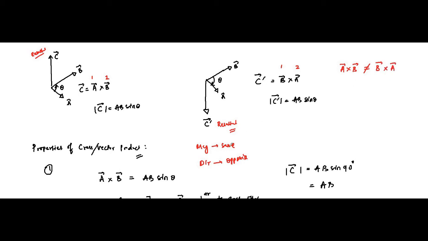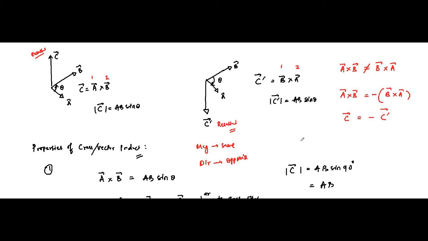The magnitude is the same, but direction is opposite, so they are not equal. Actually, A vector cross B vector is the opposite of B vector cross A vector, or we can say C vector is minus C dash vector.